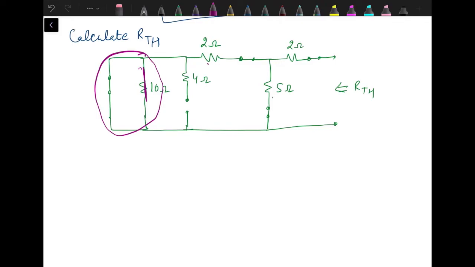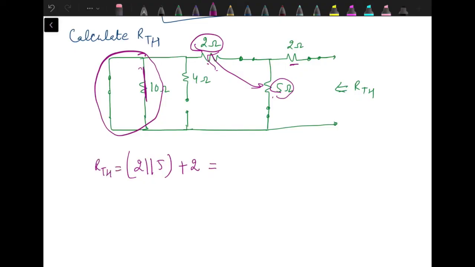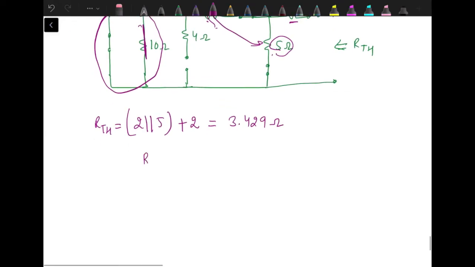Their resultant is in series with this 2 ohm resistance. 2 in parallel with 5, and their resultant is in series with 2. So RTH is equal to 3.429 ohm.